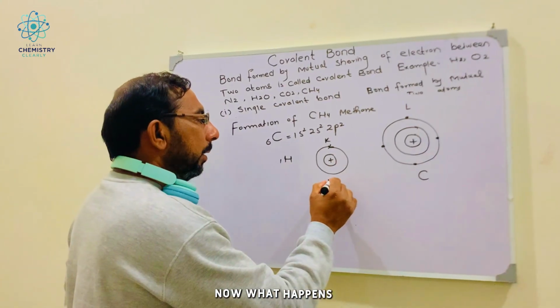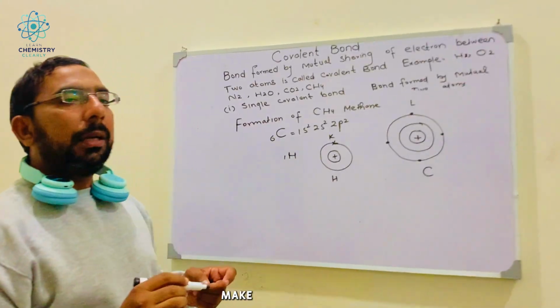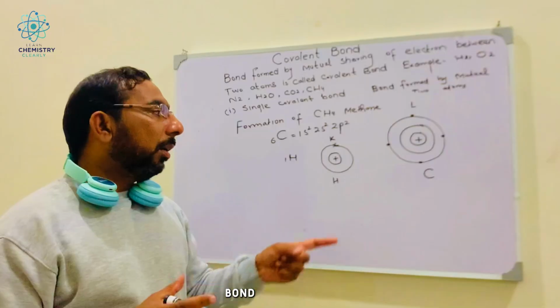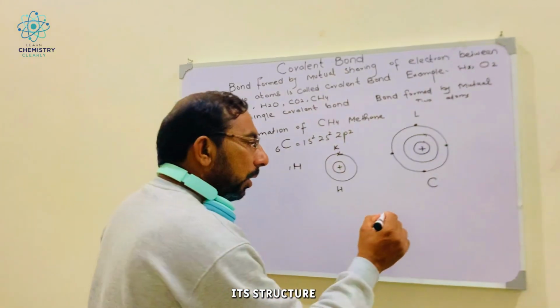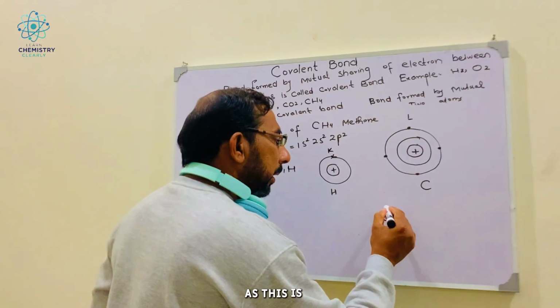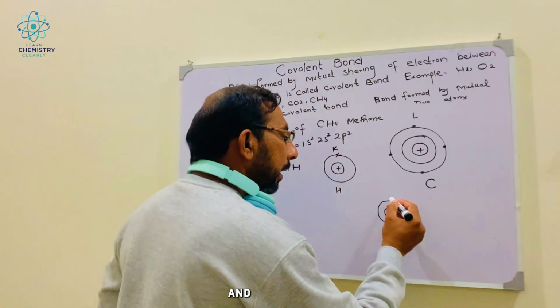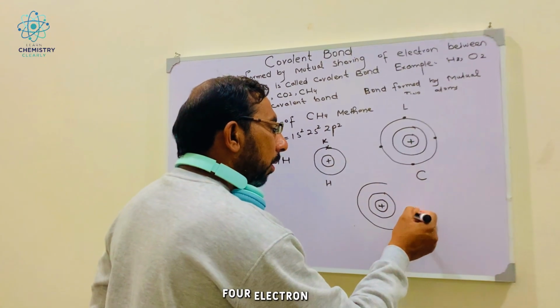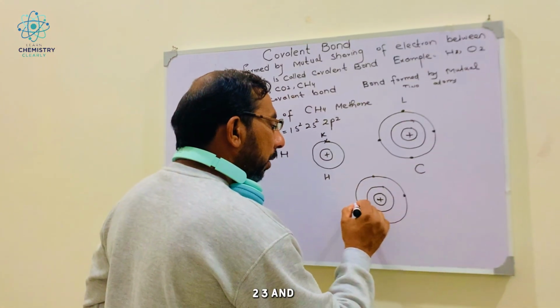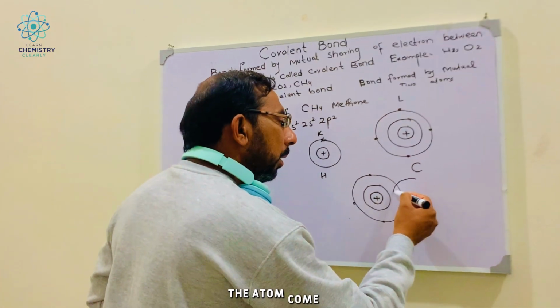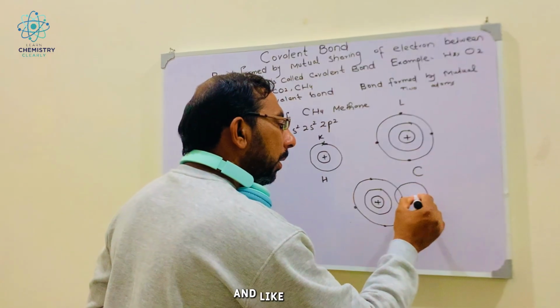Now what happens? One carbon atom makes 4 single bonds with 4 hydrogen atoms. If I draw its structure, I can write this is carbon atom, and it contains 4 electrons in its outermost shell. 1, 2, 3 and 4. One hydrogen atom comes close to this carbon atom like this.